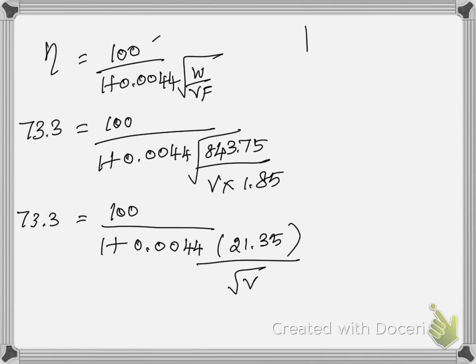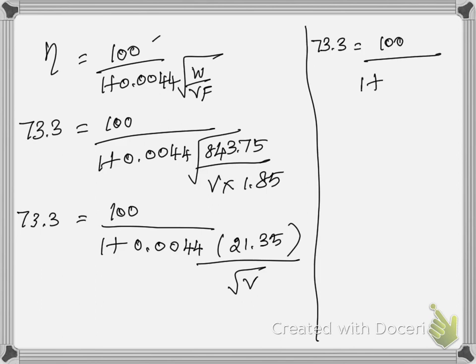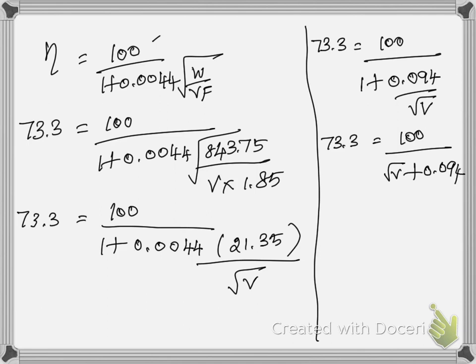Okay, now I will be calculating this. So again this is 73.3, which is 100 divided by 1 plus 0.094 divided by root V. Next, 73.3 and 100, multiply by root V, I will be getting root V plus 0.094.